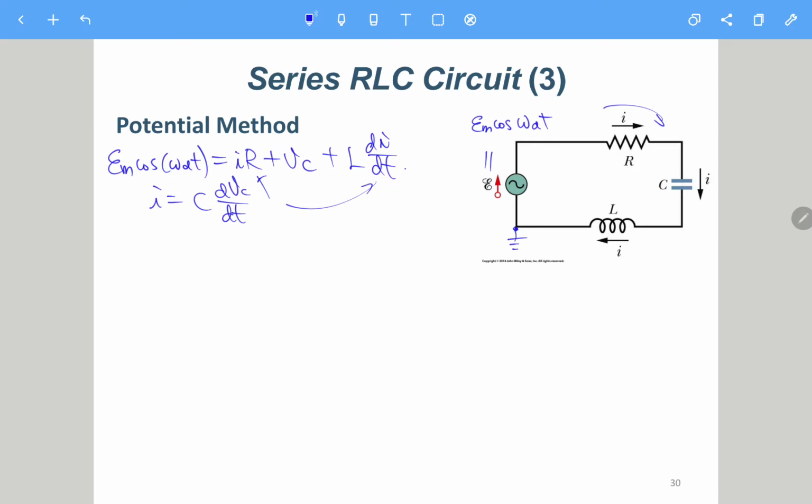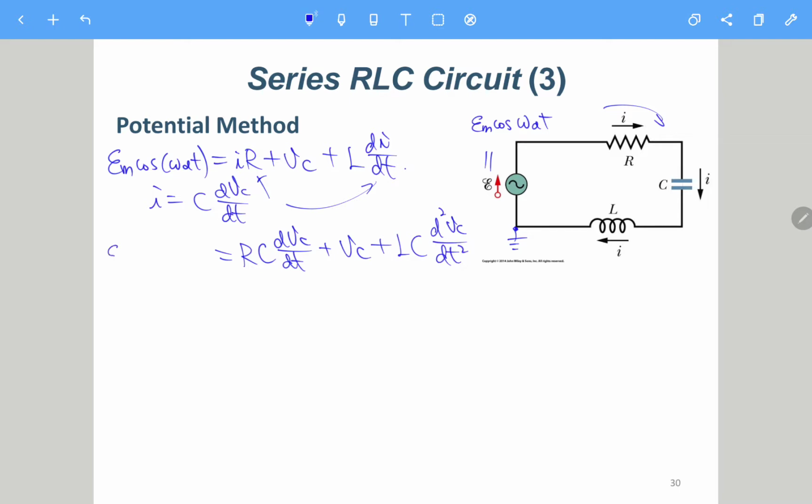So here we will have the first term be RC dVC dt, and then plus VC plus LC d2VC dt2.